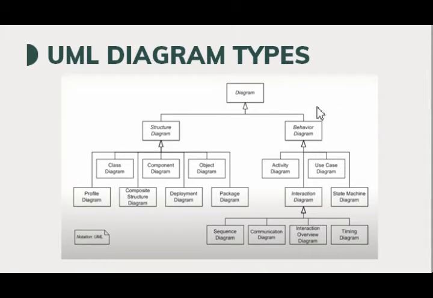The other side is the behavior diagram, in particular the activity diagram, which shows how a development process can be coordinated. And the state machine diagram, which is useful for representing finite state machines that exist in many types of software.